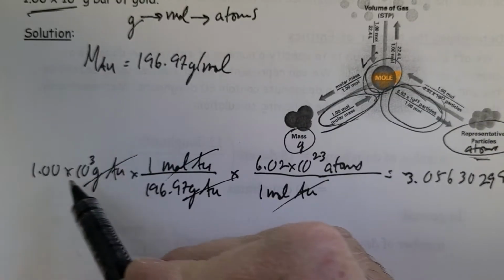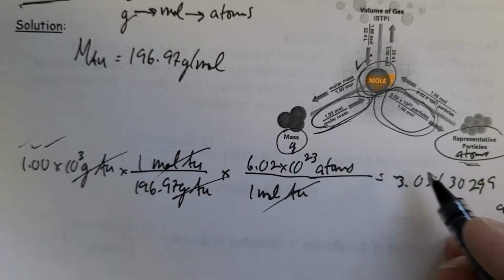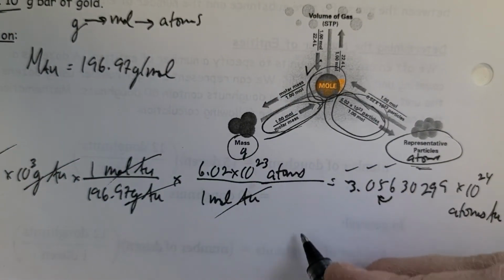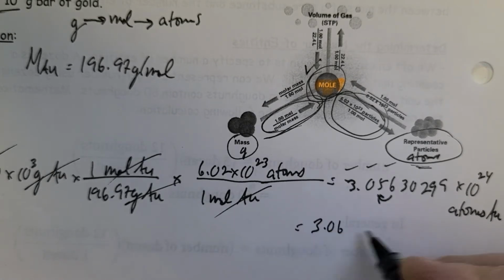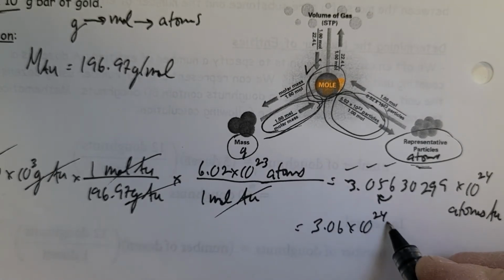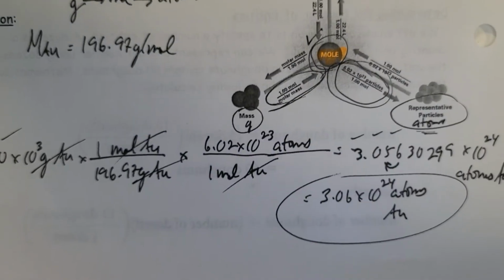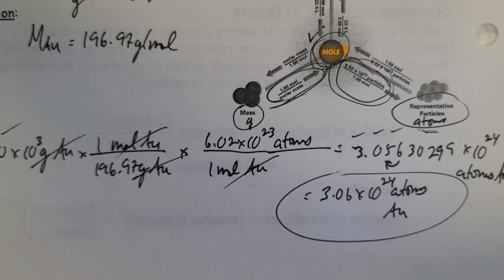And of course here, if we look, we have 1, 2, 3 sig figs. So this is going to get bumped up by 1. 3.06 times 10 to the 24 atoms of gold. Good, so that's how we do it.